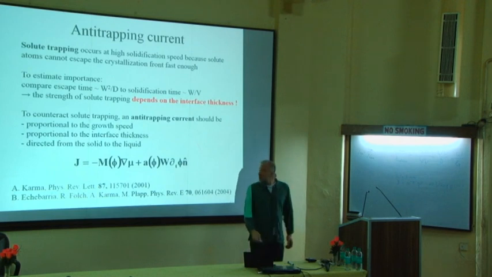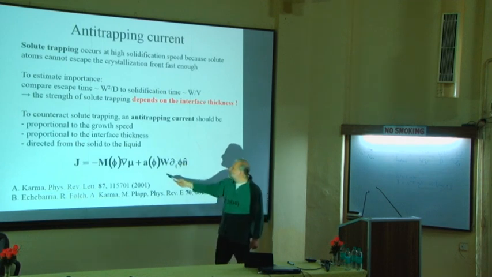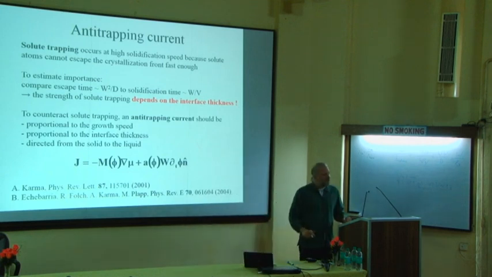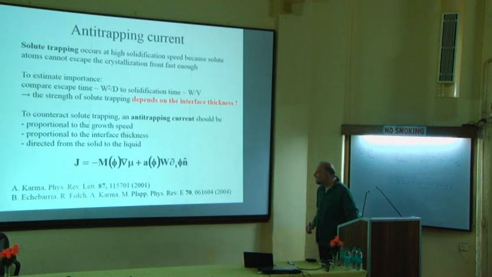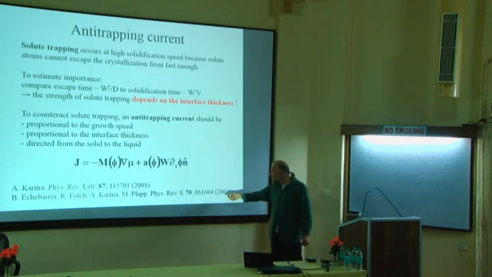And this you make proportional to the interface thickness and to the interface velocity. The interface velocity is proportional to dt phi and to a certain interpolation function a of phi, which you have to fix doing matched asymptotic expansions. Okay? And if you want all the gory details of how to do that, you can find this here, where there is like 10 pages of asymptotic calculations.